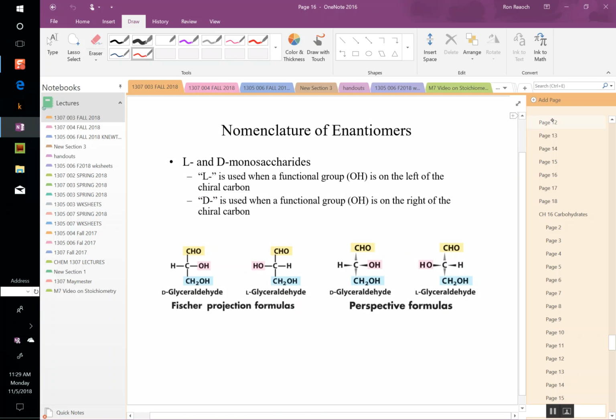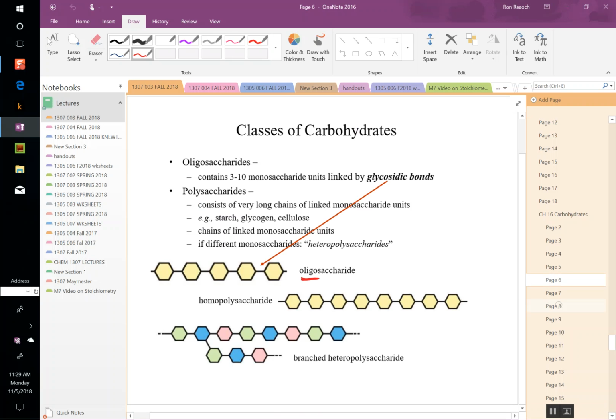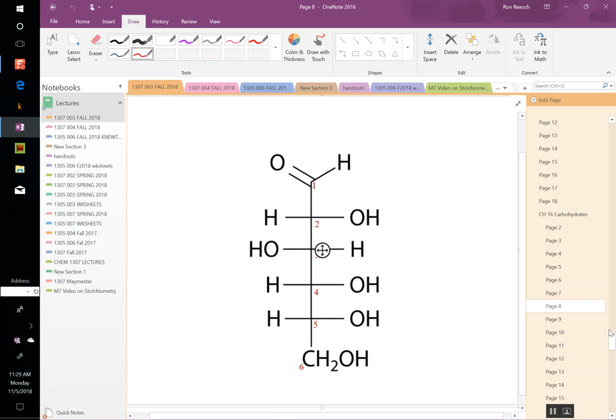Okay, so now let's go back for a second and look at that slide I had here a minute ago. I think it's number 8. Yeah. Okay, now this is a Fisher projection of D-glucose. So here's what you're going to have to remember, because one of the questions on your homework assignment is, draw the Fisher projection of D-glucose. And what is that? You're going to have right, right, left, right. That is D-glucose.